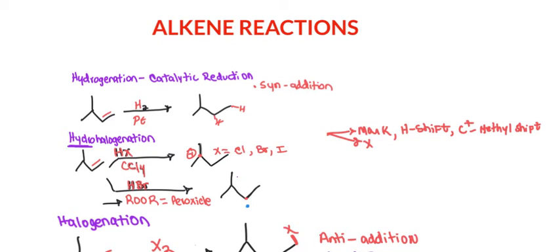And also my X equals Cl, Br, and I. ROOR equals peroxide. And this one in this case is anti-Markovnikov. As you already observed the pattern, you can see the alkenes are very standard. You always, or most of the time, are going to break the double bond.